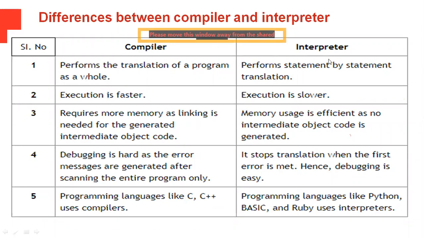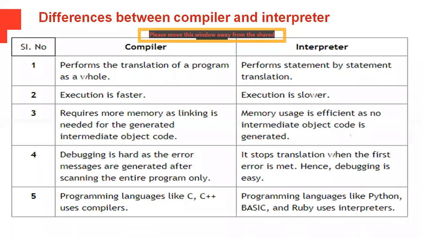And coming to interpreter, it performs statement by statement translation. The interpreter translates each and every line. So it performs statement by statement translation, and here execution is slower. If you take the compiler, say you press Alt F4, the total program is directly converted, and if there are any errors, those errors can be notified.